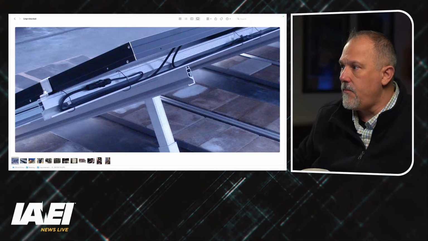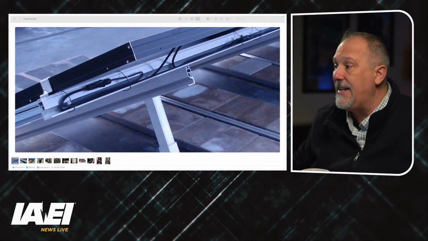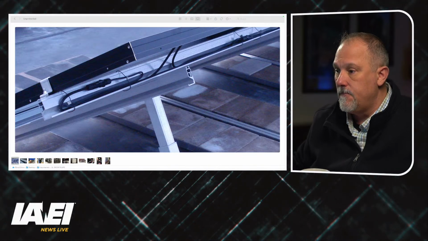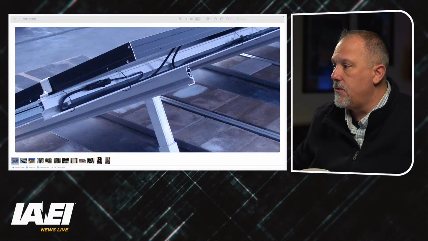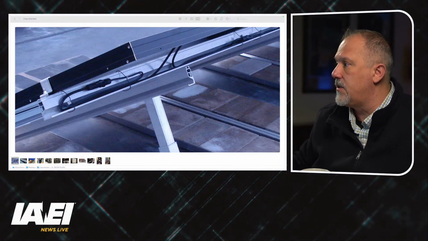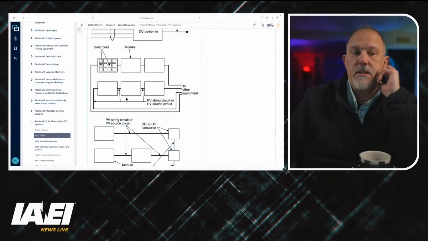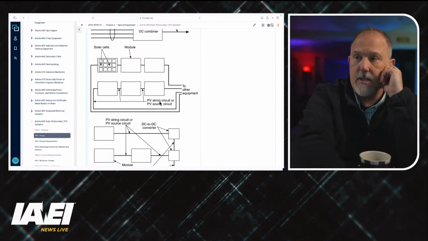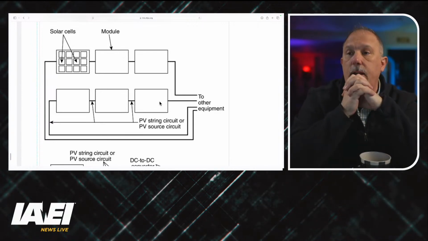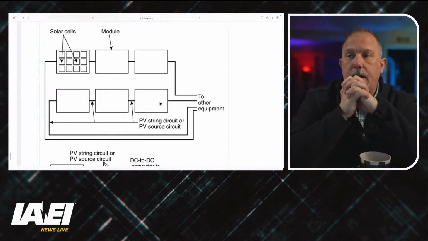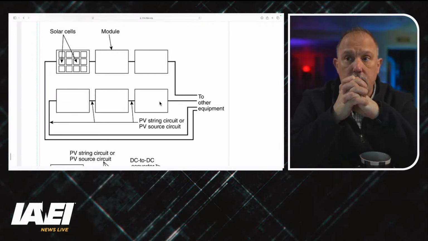Now, I would think that I would go to Article 690, right? For solar photovoltaic systems, we have some good diagrams in here that help us understand the terminology. So I know I have PV string circuits or PV source circuits.